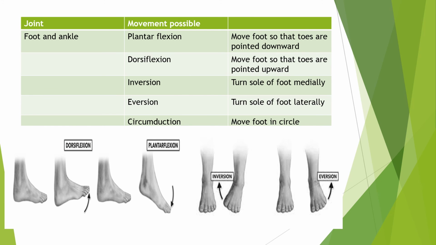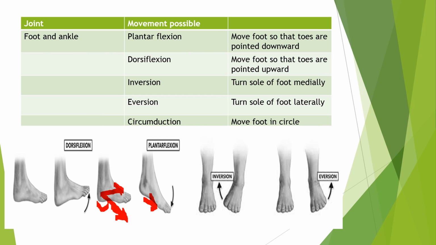Now we see the joint movement in the foot and ankle. So in the foot and ankle, you will see plantar flexion. Flexion is the decrease in angle. Originally the foot is in a neutral state, and when we bend the foot downward, this condition is known as plantar flexion.